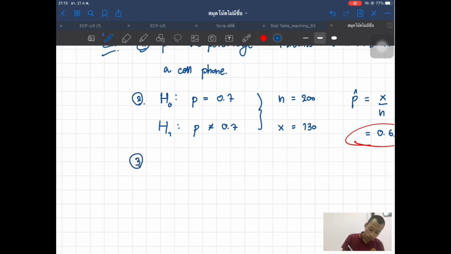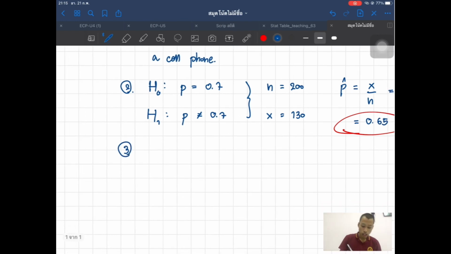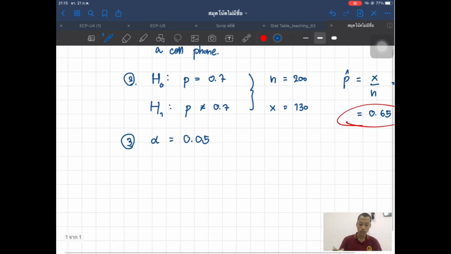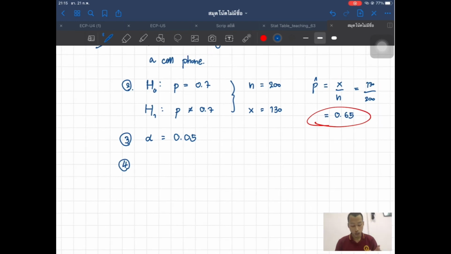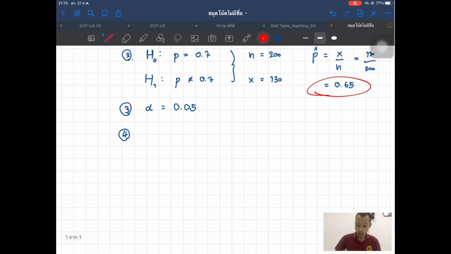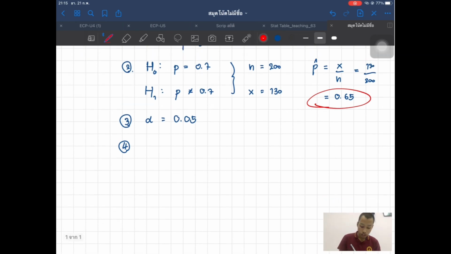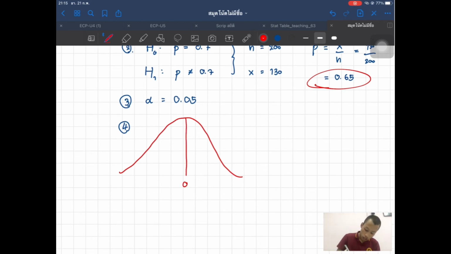Step 3. Alpha is 0.05. And step 4. We're gonna have a graph. The graph of Z value is like this, and in the middle is 0.